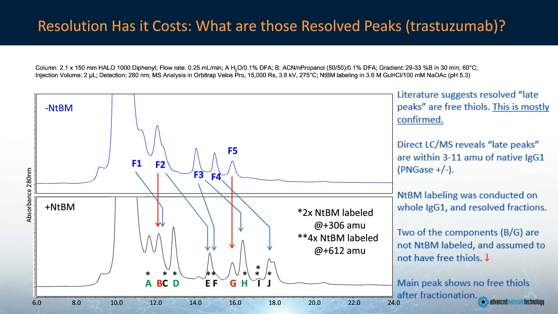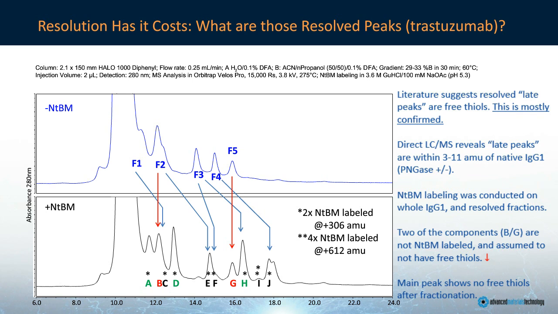In the top panel on the left, we're looking at the labeling of trastuzumab, and we're concerned with what these variants on the tail end are. Can we enhance this separation somehow? What we did was a labeling with N-tert-butylmaleimide.